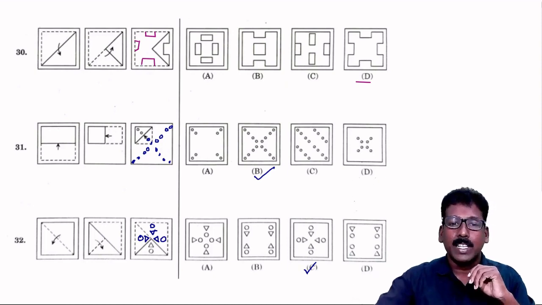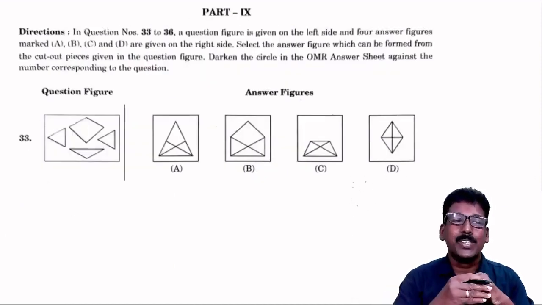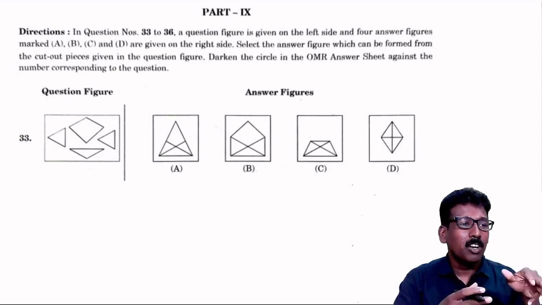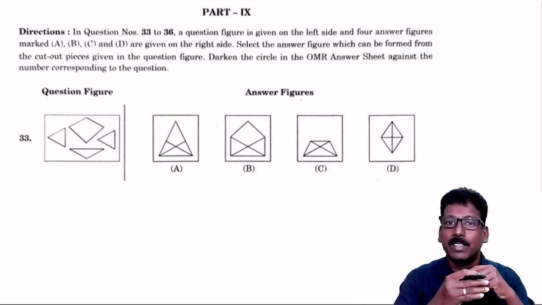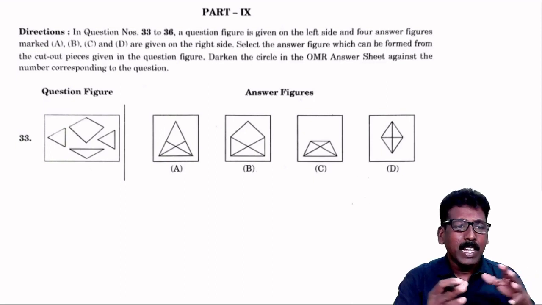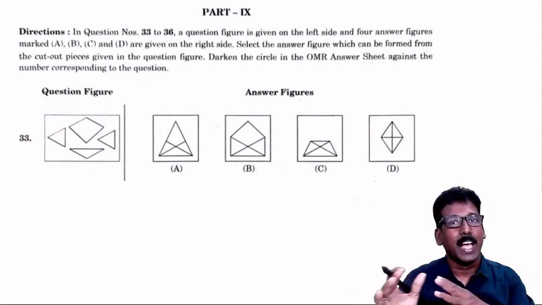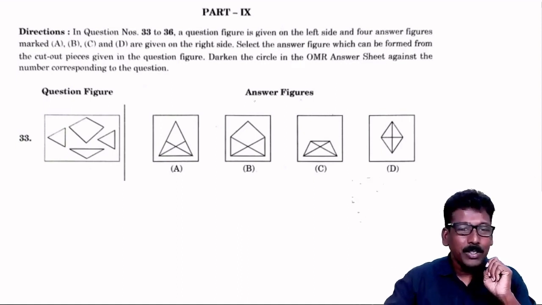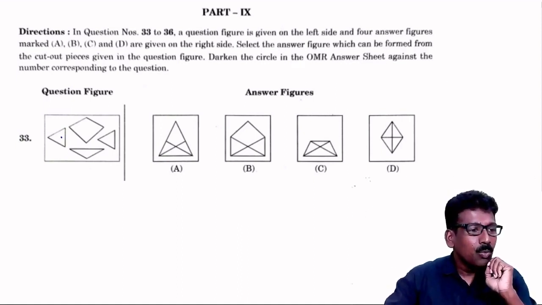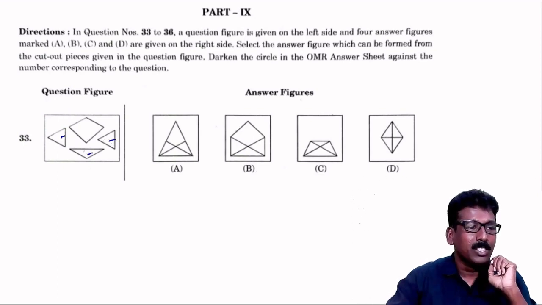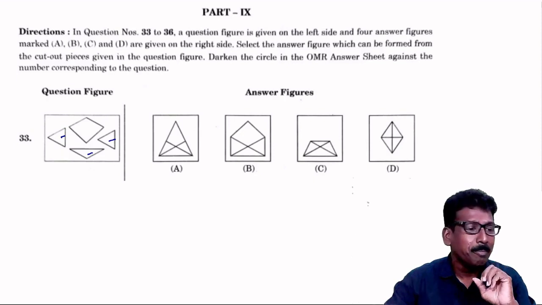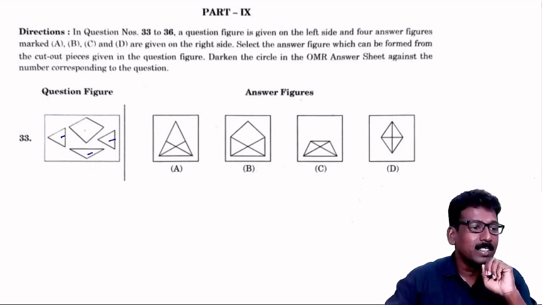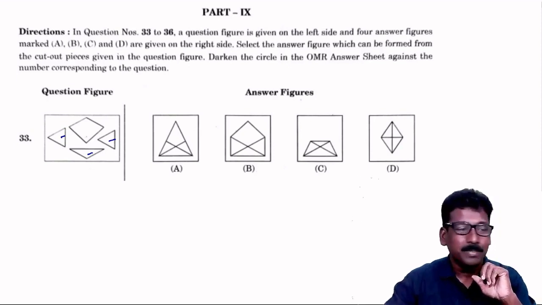Now look at the next part. In this question, four cutout pieces will be given. Some pieces will be given, and they are joined and kept in the answer sheet. Only one correct answer figure you can find. Now you can see here two triangles of equilateral type and one isosceles triangle and a quadrilateral in the shape of a kite.